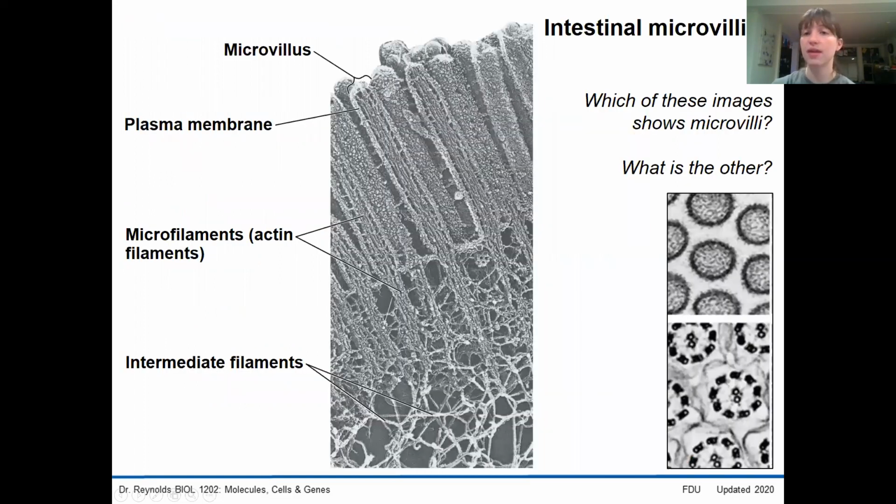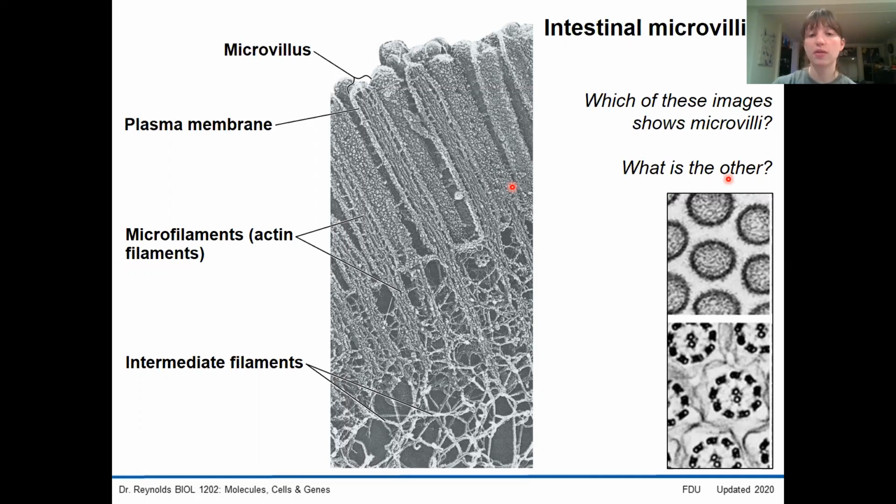Here's an example of microvilli. You can look at the two images here on the right and try to identify which one of these would be an example of a structure that contains microfilaments and which one would be a structure that contains microtubules. So this structure here on the top, this would be an example of microvilli, which contains these microfilaments.